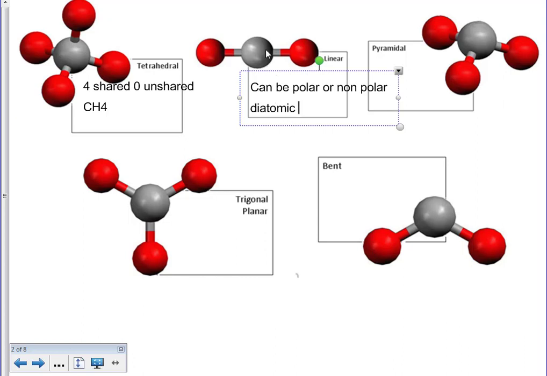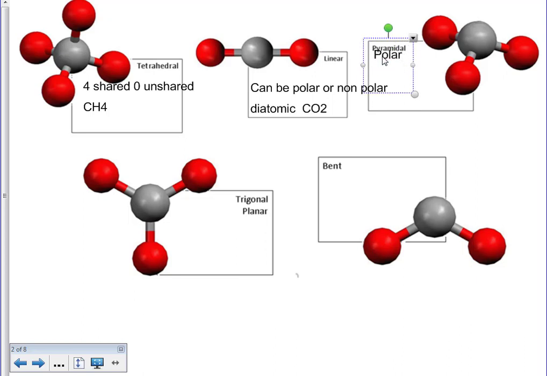Depending on if there's a difference between the substituent and the central atom determines if it's going to be polar or nonpolar. If both substituents are the same, in this case maybe like CO2, we can see that the 2 oxygens would cancel out with one another, causing this overall molecule to be nonpolar.